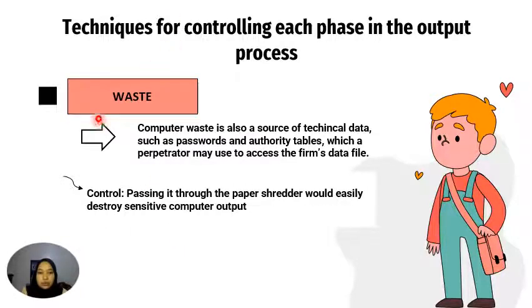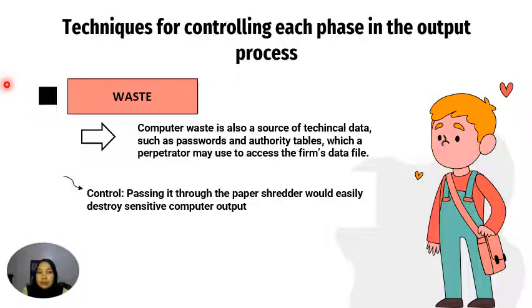So the next one is waste. Computer output waste represents a potential exposure. It is important to dispose of aborted reports and the carbon copies from multi-part paper removed during bursting properly.